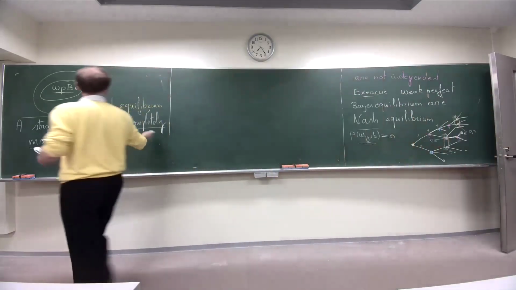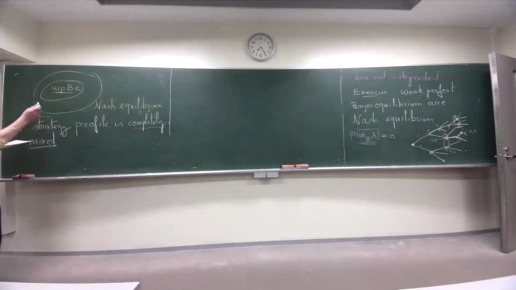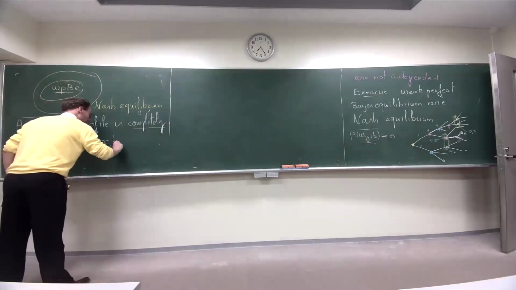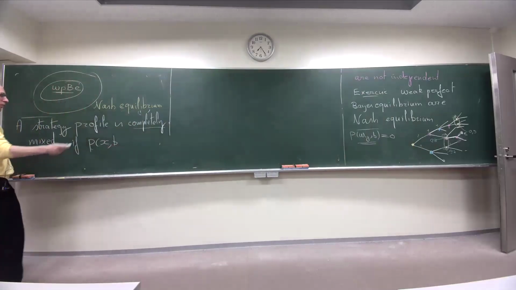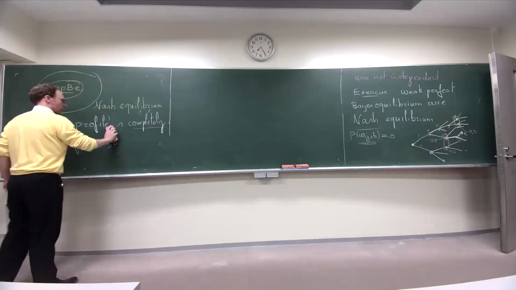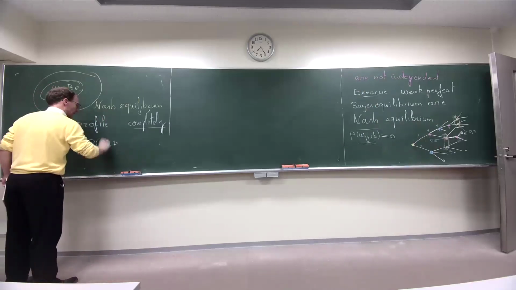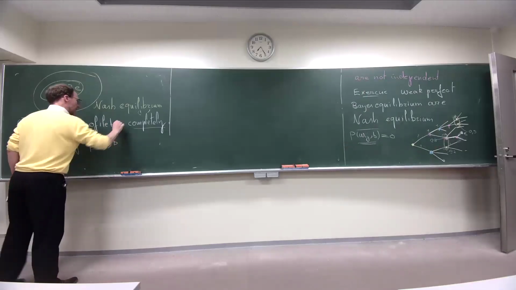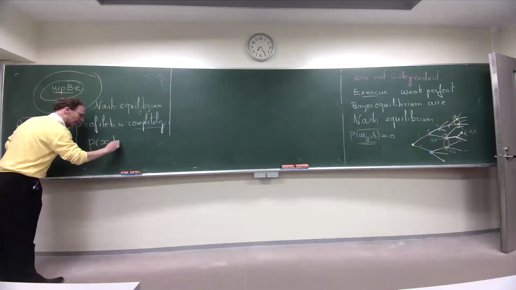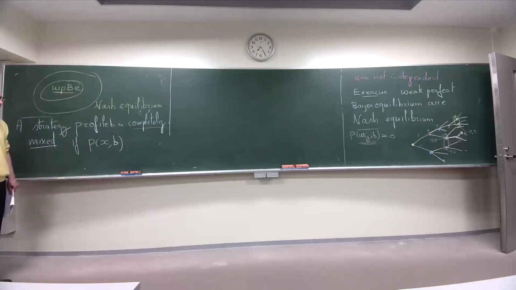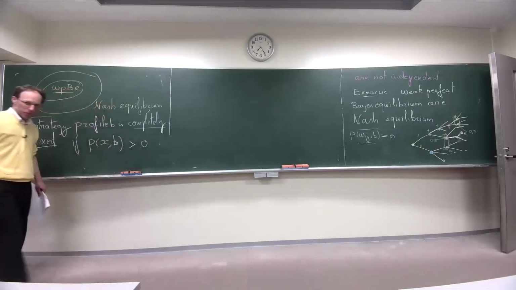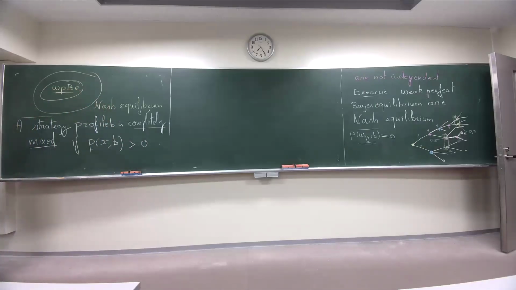So a strategy profile B is completely mixed if the probability of reaching any vertex X following this strategy is always strictly positive. It's not 0.